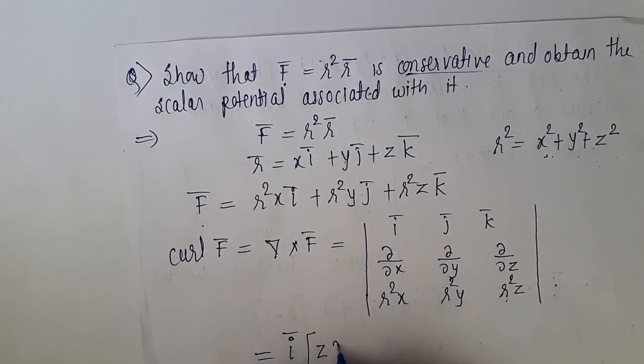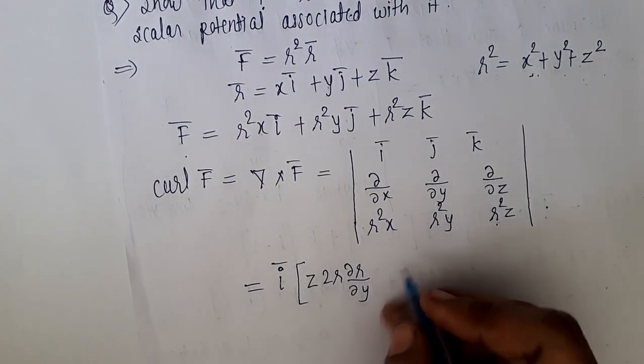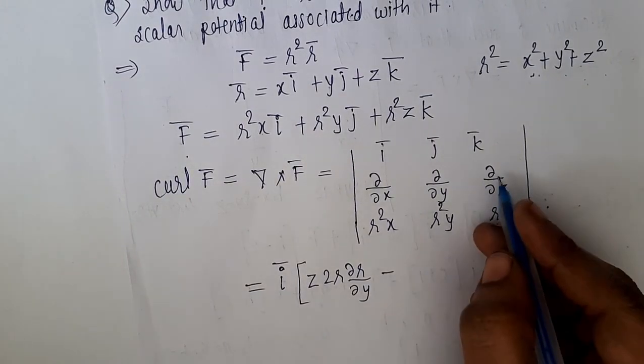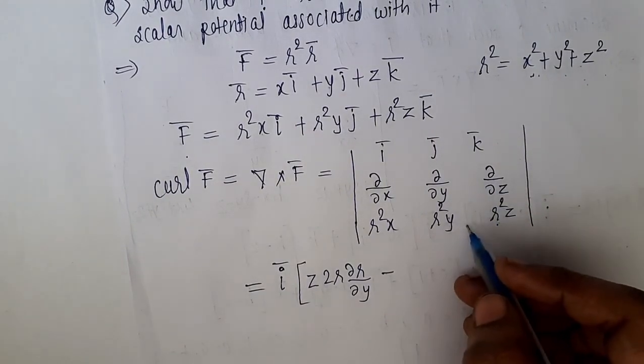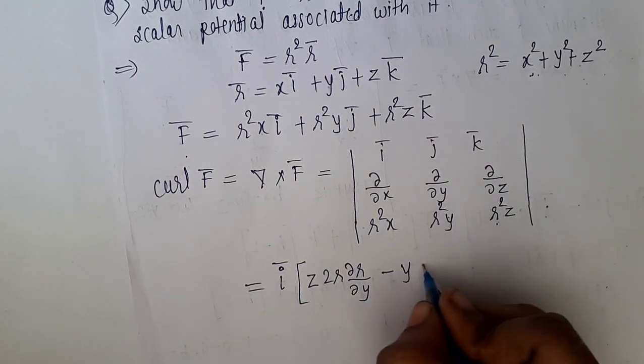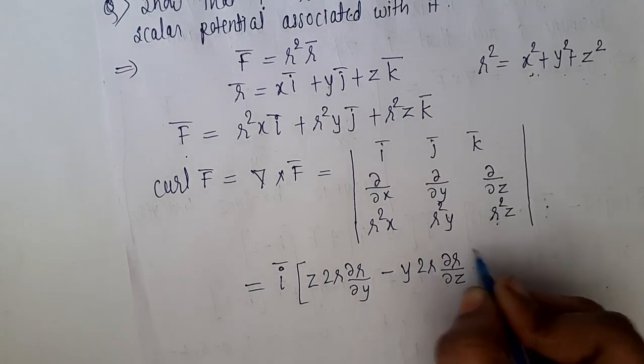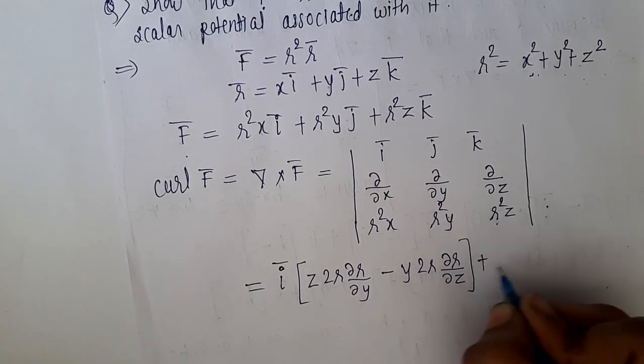The derivative of r square is 2r into del r by del y, minus del by del z of r square into y. So again y remains as it is, and the derivative of r square is 2r del r by del z.